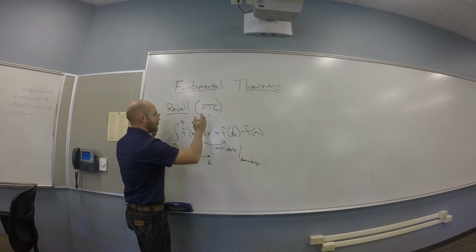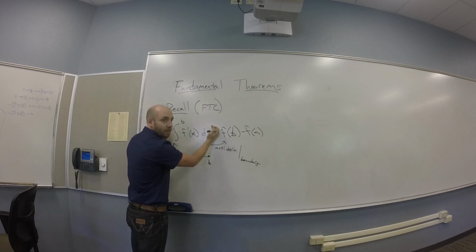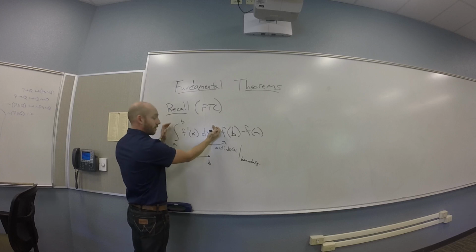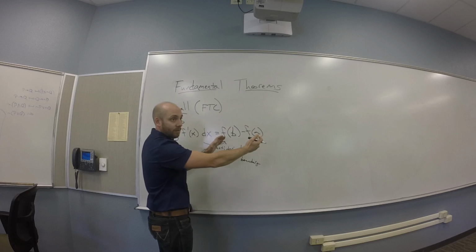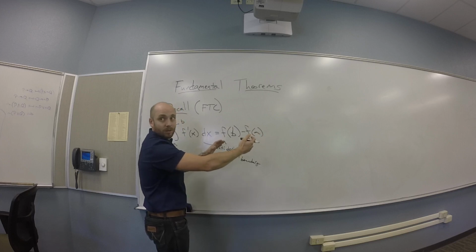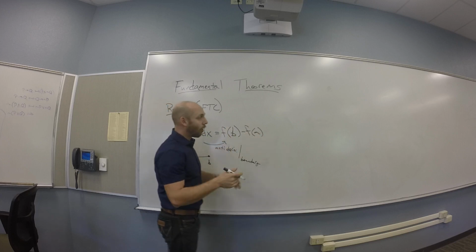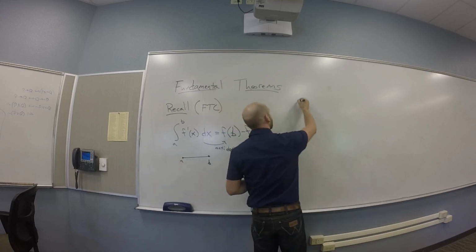If you want to evaluate an integral over a line segment of a derivative, you can find the antiderivative for that derivative and then evaluate it at the ends. Cool? My claim is that all of the fundamental theorems we've done say that same thing.